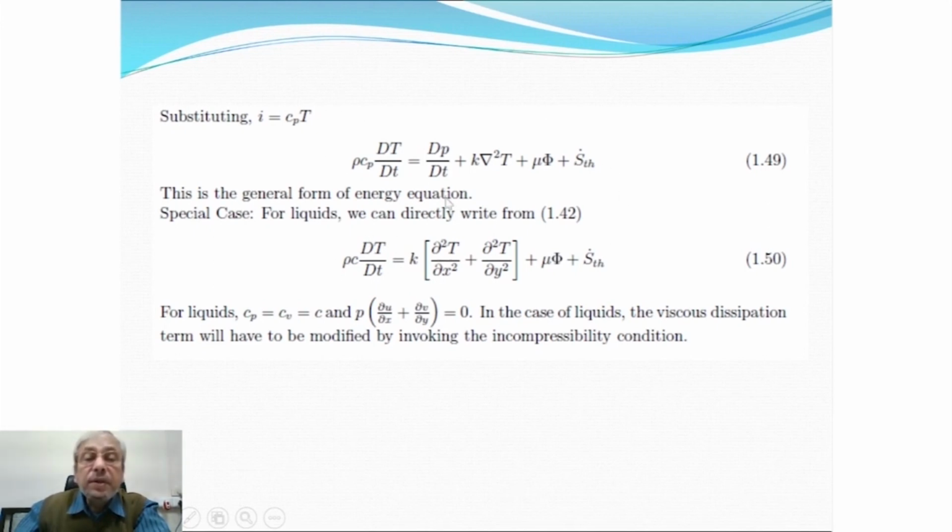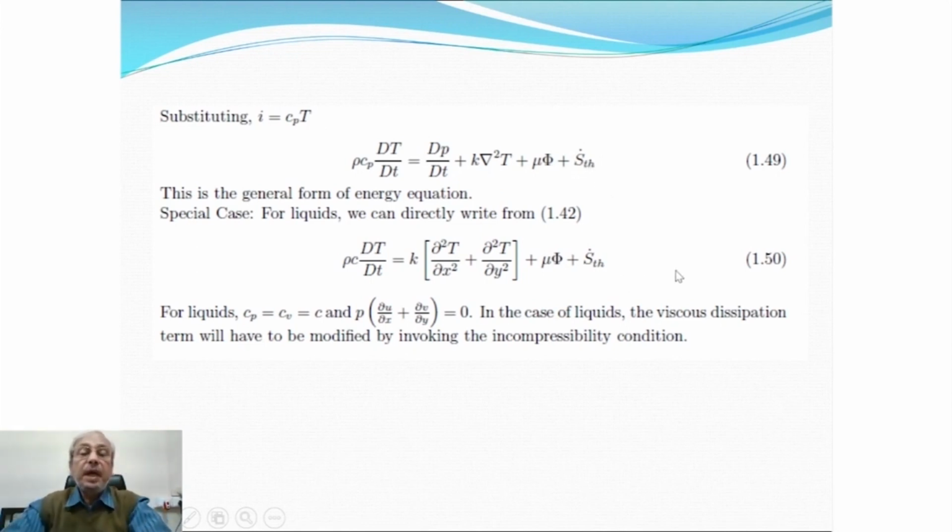And for liquids or gases, when we want to be independent of compressible or incompressible flows, we can use this. Specifically for gases, we have to use this, which is rho Cp, again the total derivative of temperature, equal to dP/dt, the total derivative of pressure, plus K grad square T plus mu into viscous dissipation plus thermal energy generation.